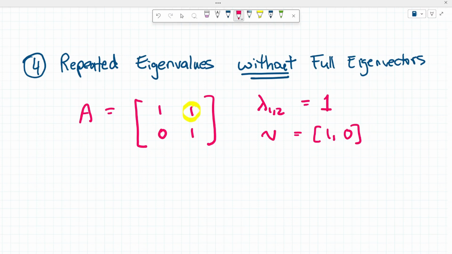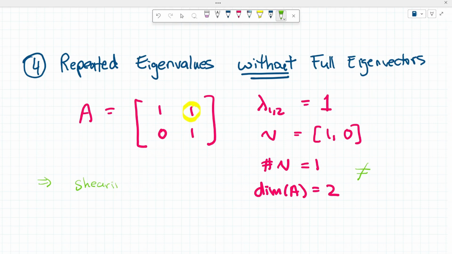Since we only have one eigenvector here, we see that the number of eigenvectors equals 1, but the dimension of A equals 2. So these are not equal to each other, therefore we do not have full rank. So because of this, what this means is we are having a shearing.